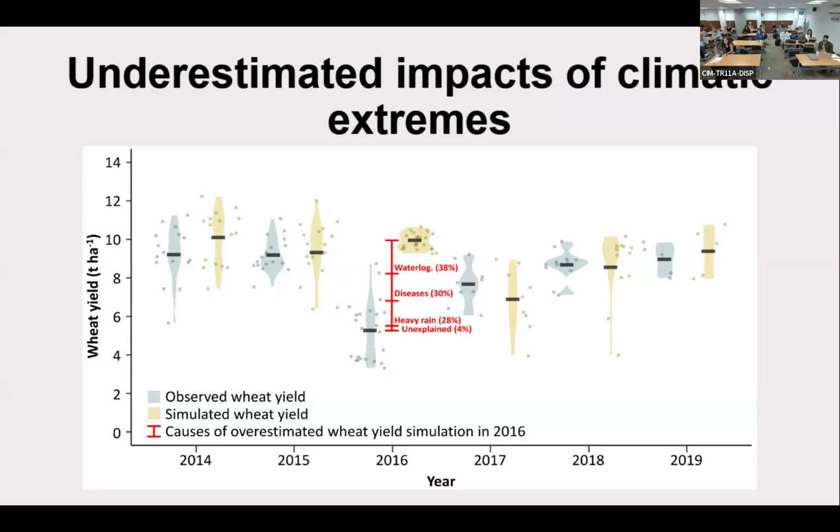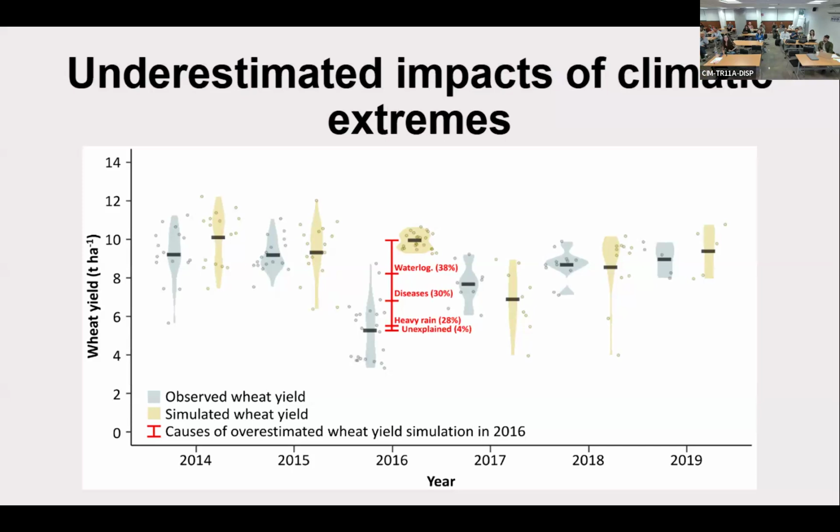But then in 2016, our model simulated the highest yield on average, something close to 10 tons, the highest average compared to all the other years. But the observations in the field were the lowest, 5 tons.